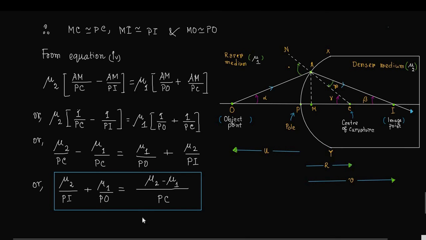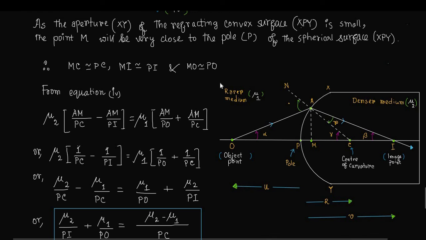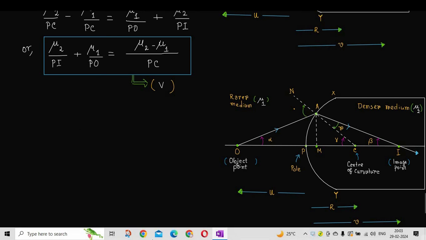We get mu2 by PI plus mu1 by PO is equal to mu2 minus mu1 divided by PC, which is equation 5.